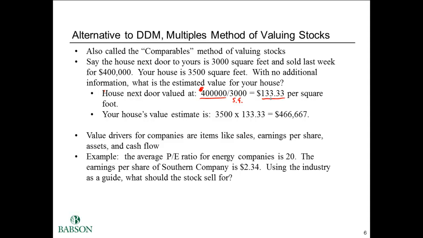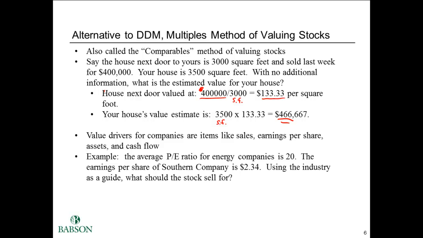And if we work it out, that means that that's about $133 per square foot. And if we apply that to the size of your house, we get at least a back of the envelope estimation for the value of your home. Again, this is linear. It assumes that an increase or decrease is always going to be magnified or detracted by about $133 per square foot.